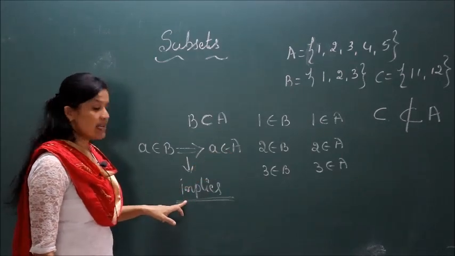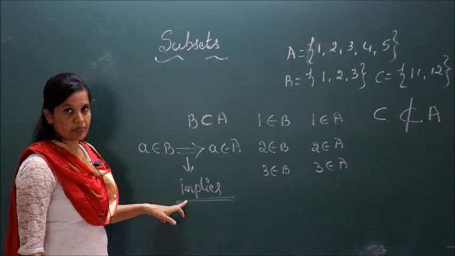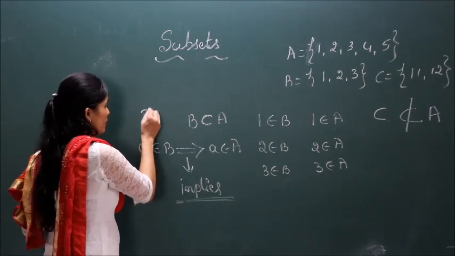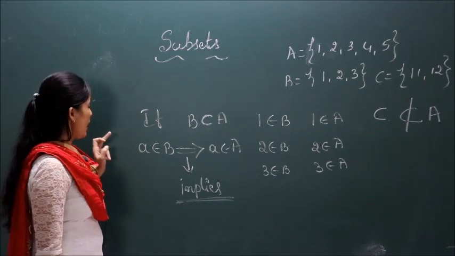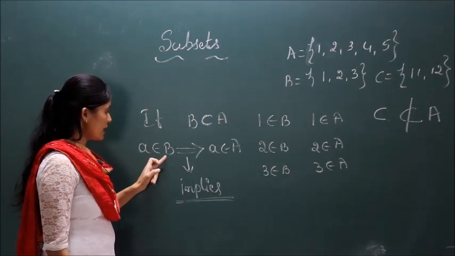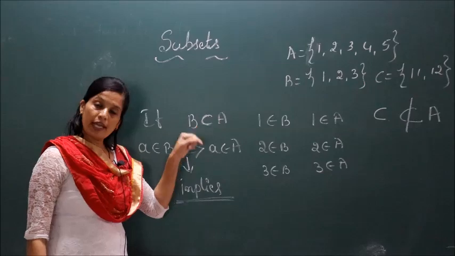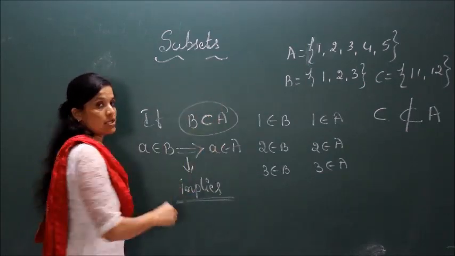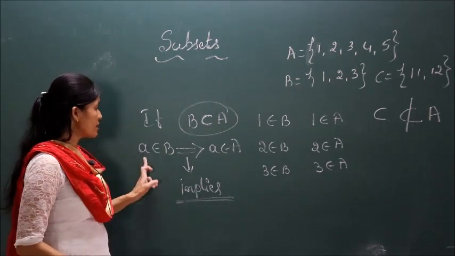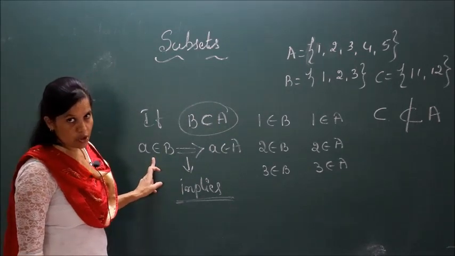So this is the condition. If B is a subset of A, and element a belongs to B, it implies a belongs to A also. But this is an important condition: B must be a subset of A. Otherwise, this result is not true.